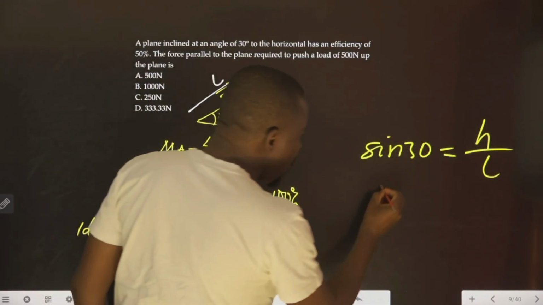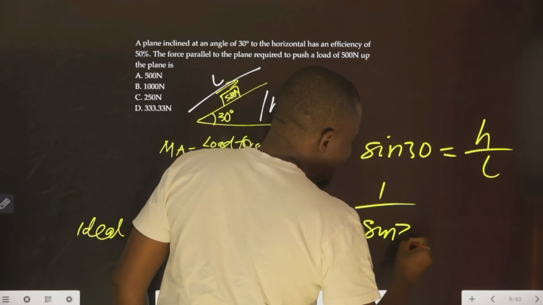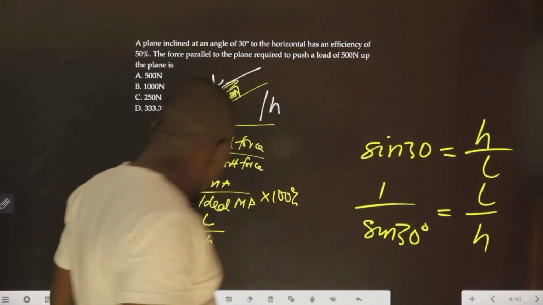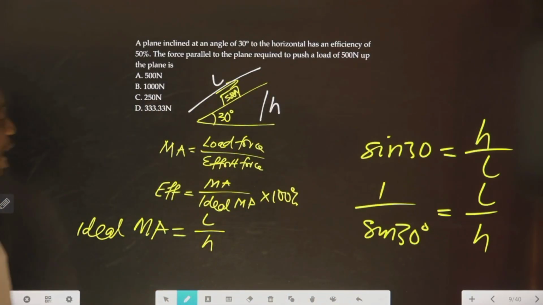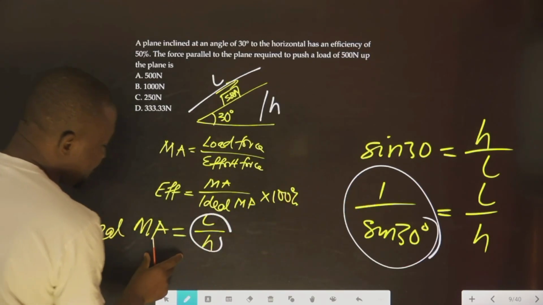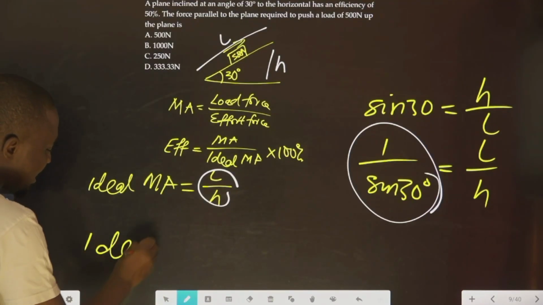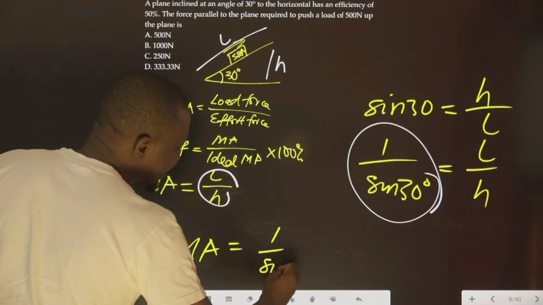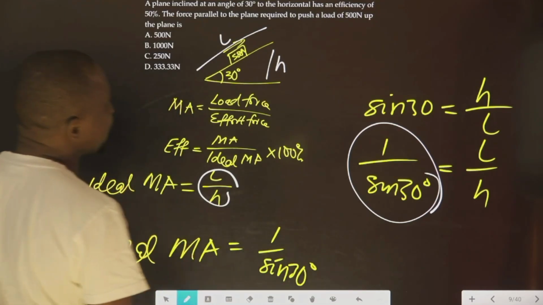It means it's 1 over sine 30 degrees, we reverse this to be L over H to have exactly the same thing. So I can now replace this by saying the ideal MA equals 1 over sine 30 degrees.